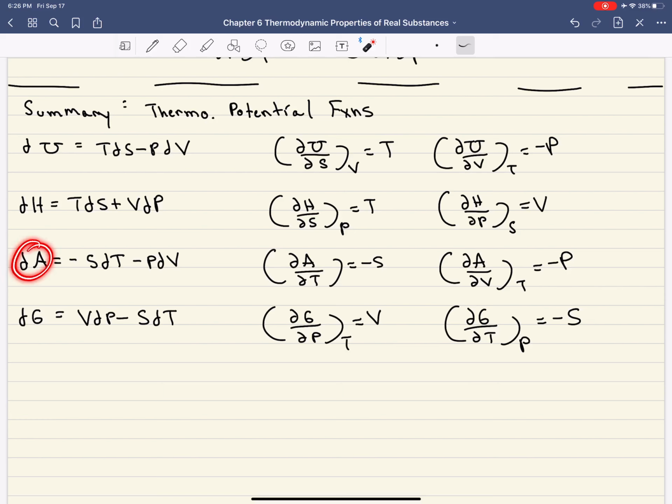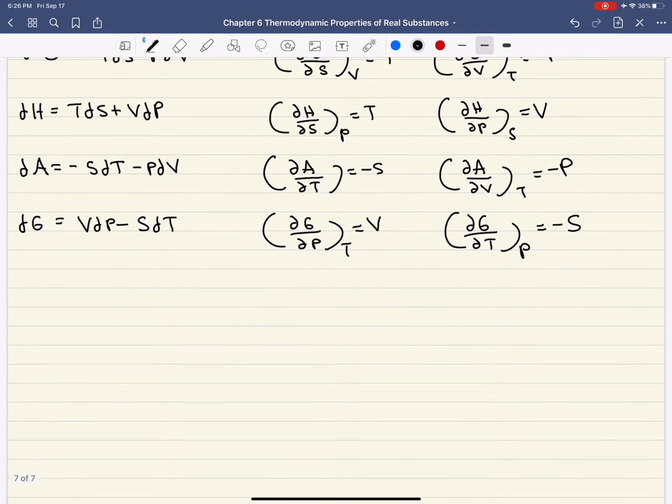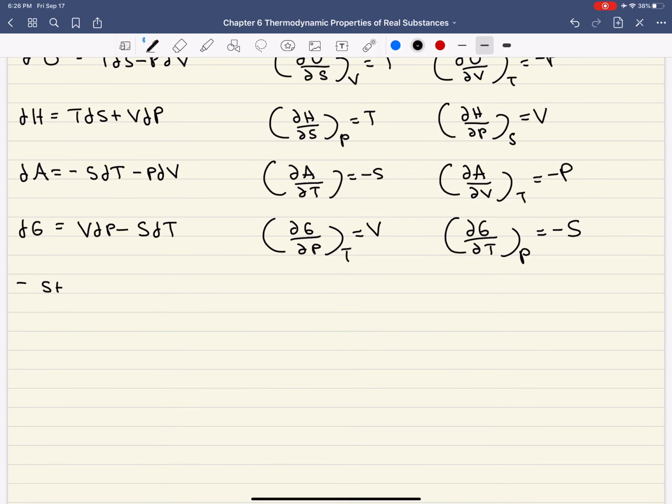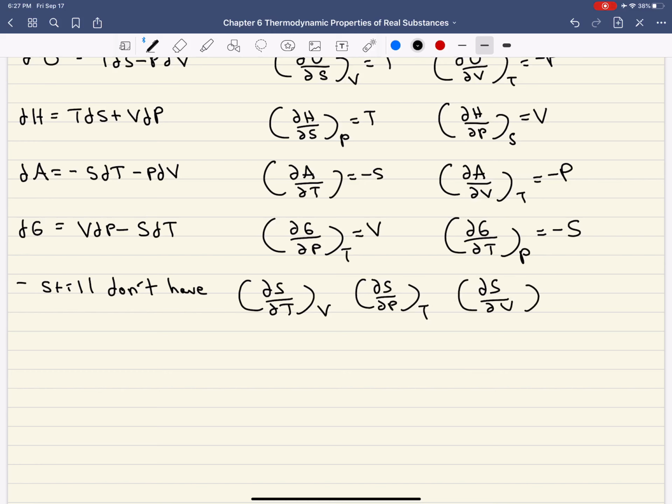Okay? Alright, and so these are all the identities, and the main benefit of doing the Legendre transform is that for these new energies we developed, their canonical variables are now in terms of measurables. But we're still not quite near our goal of having dS/dT at constant volume, dS/dP at constant temperature, or dS/dV at constant temperature.